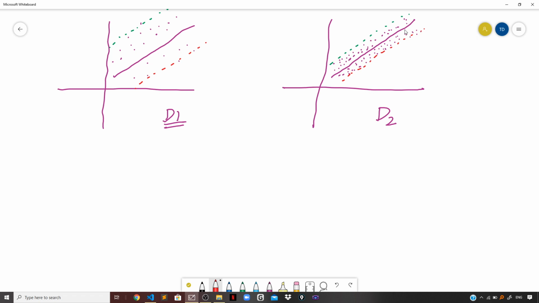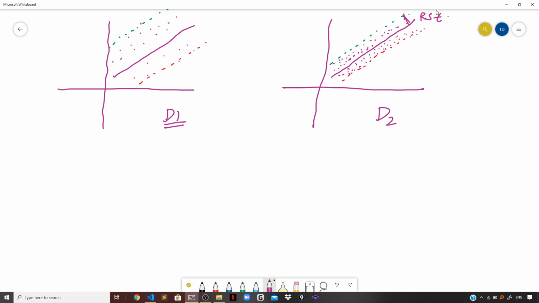So if we take into consideration RSE here, we can see that the two lines for our regression lines look somewhat like this, and it can be seen clearly that the RSE for dataset D2 is a lot lower than the RSE for dataset D1.